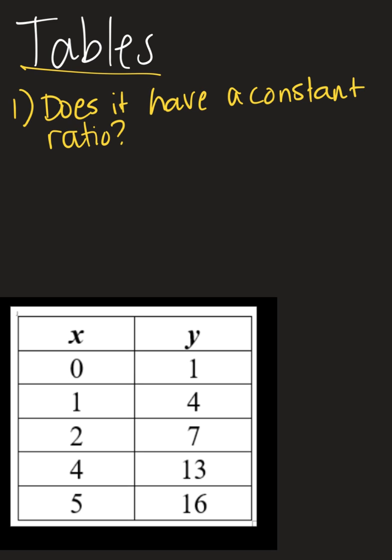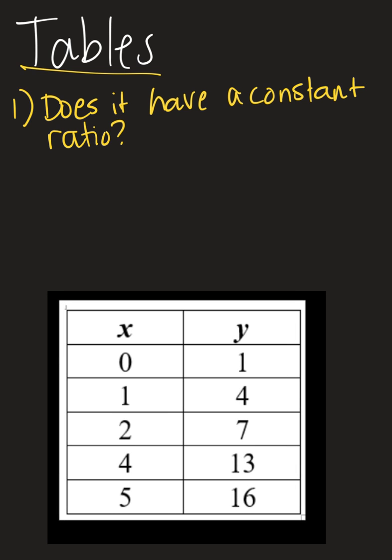So to check that, I am going to look and see how it changes each time. I'm going to always start with y over x, okay? 1 to 4 is plus 3, 4 to 7 plus 3, 7 to 13 plus 6, and 13 to 16 plus 3. Now, I'm not going to just stop right there because remember, I'm looking for a constant ratio when it's simplified. So I'm going to see if maybe I jumped over here on the left, okay?